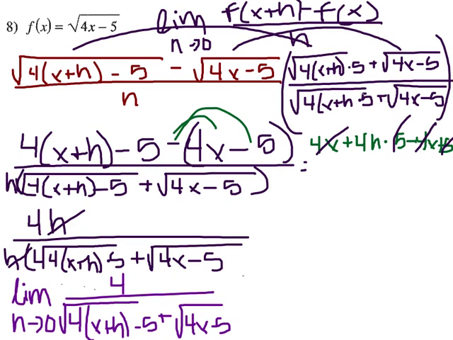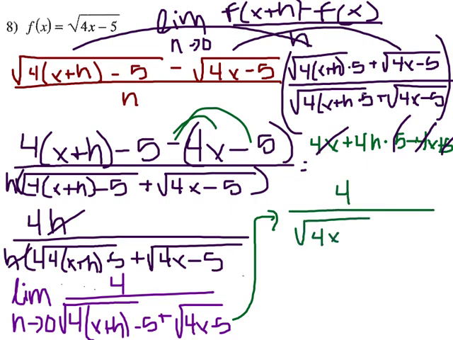There are no domain errors when we plug in 0 for h. So I'm going to bring this over here. Our answer will end up being 4 over the square root of 4x minus 5 plus the square root of 4x minus 5.